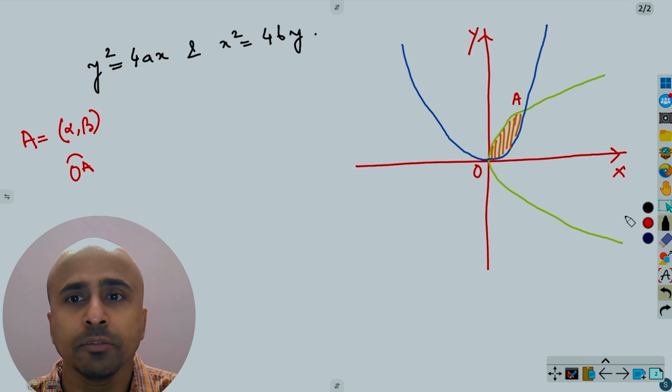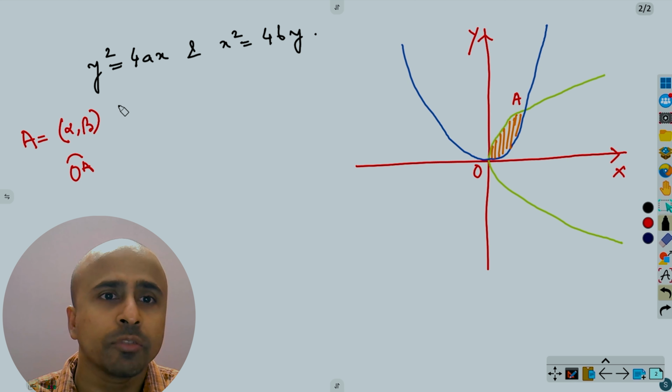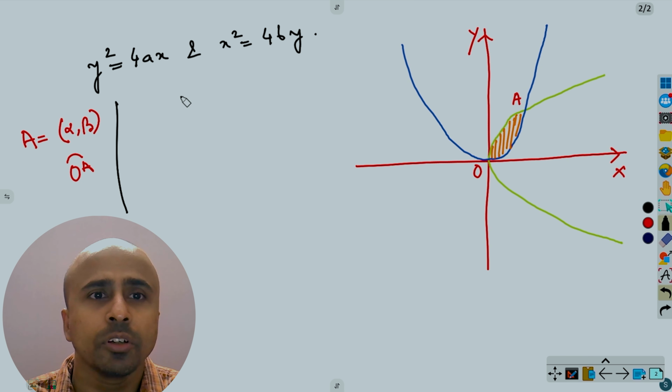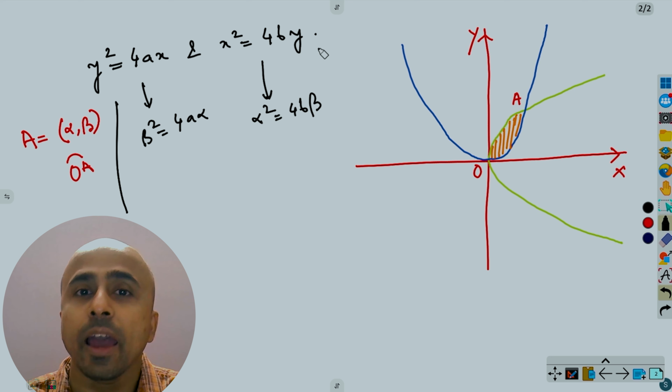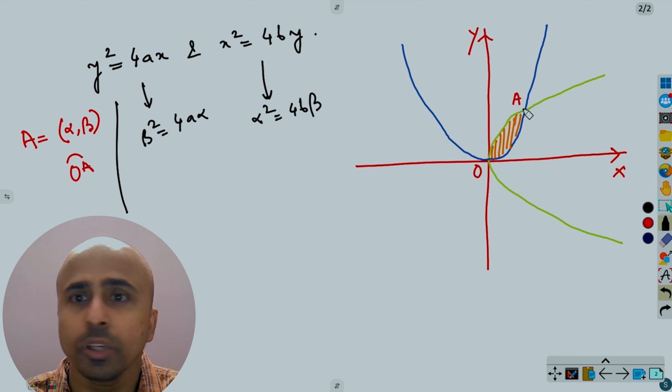It is very easy. We know the curves intersect, and what is the method to find the coordinate of their meeting point? You simply substitute. Since they meet at alpha, beta, from here we obtain beta square equals 4a alpha, and from here we obtain alpha square equals 4b beta, because these curves also pass through A, that is alpha, beta.